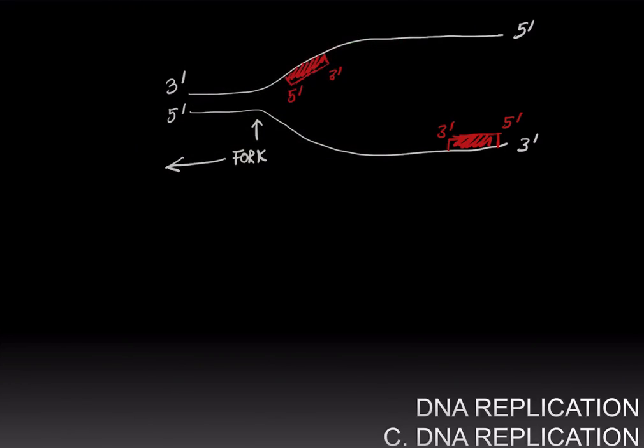Next, once the primer is in place and makes available the hydroxyl group at the 3' end, the polymerase can come and carry out the polymerization reaction with the triphosphate to make the phosphodiester bond.